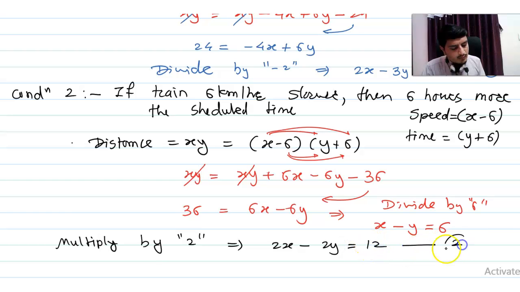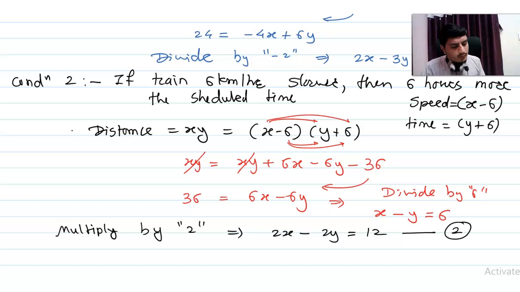Call it equation number 2. Look at equations 1 and 2 carefully. The coefficient of variable x is the same in both, 2 and 2, with the same sign, plus and plus. So try to subtract equation 1 from 2. We are doing equation 2 minus equation 1.